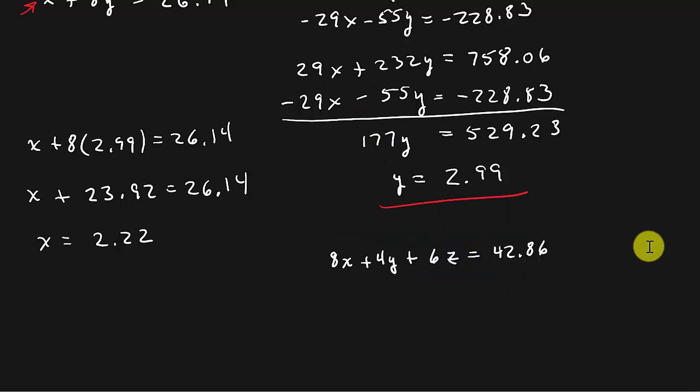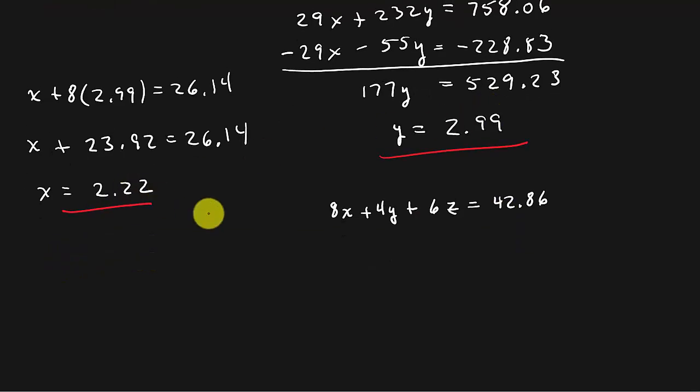There we go. All right. So let's underline what we've got. We've got x and y. So I'm plugging these into here. That's one I just got from the original equation. So that is 8 times 2.22 plus 4 times 2.99. And look, you could have grabbed any one of those equations. It doesn't matter.